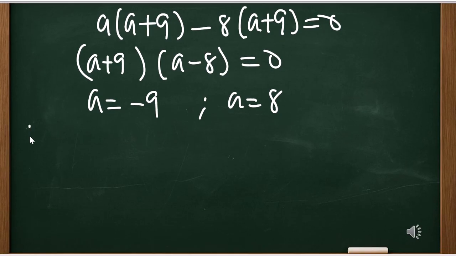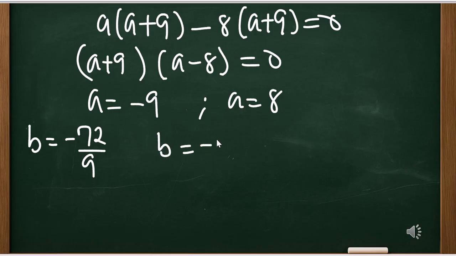What about b? Recall that my b is negative 72 over a from equation 5. So here my b is going to be negative 72 over negative 9. That is for case 1. Here I'm going to have my b to be 8.